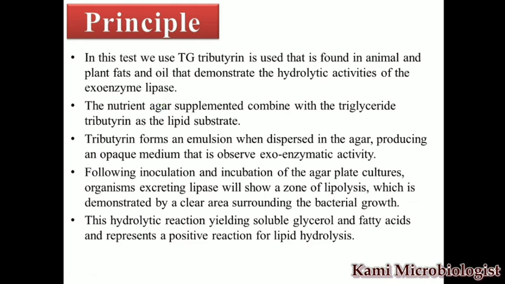When we combine both, we get the hydrolytic activity, and the nutrient agar provides the nutrients for bacterial growth. That's why it is important. Now the tributyrin is dispersed into the agar, and in this way we get an emulsion. Due to the emulsion we get an opaque medium, in which exoenzymatic activity is observed.